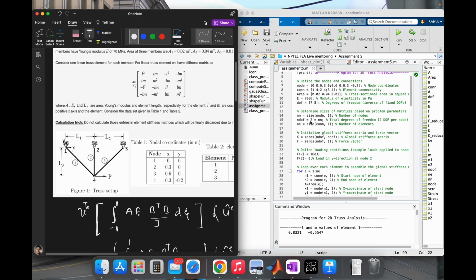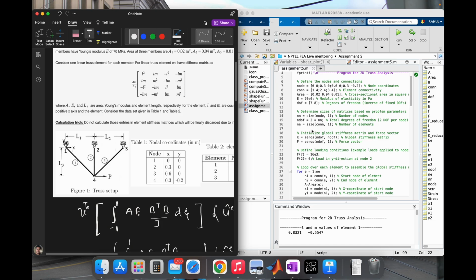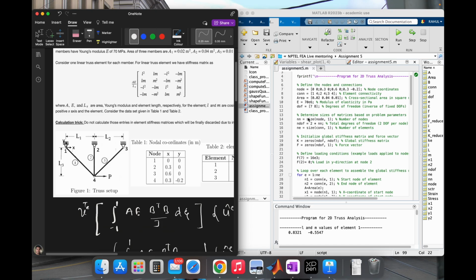Here n is the number of nodes, so I can get it by using the size function. NDOF will be 2 times the number of nodes, because each node has displacement along the x-axis and along the y-axis. So for each node we need 2 degrees of freedom, that's why I have multiplied it. And NE is the number of elements.